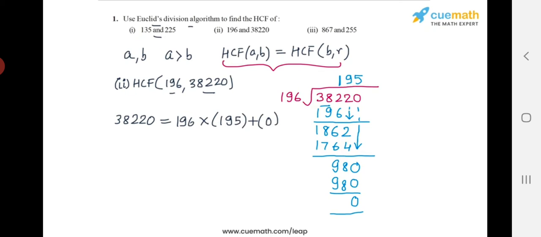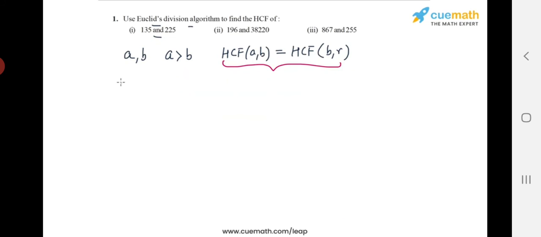So we see that the division algorithm can't go any further, and the HCF is 196 itself, and that happens because 196 is a factor of 38220. So the HCF in the second part is 196.